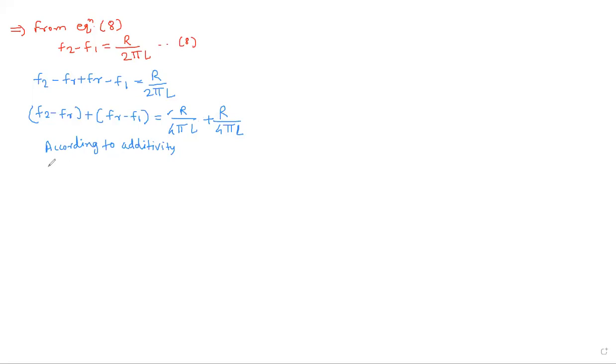So according to the additive property, f2 minus fR is equal to R by 4 pi L, and fR minus f1 is also equal to R by 4 pi L.